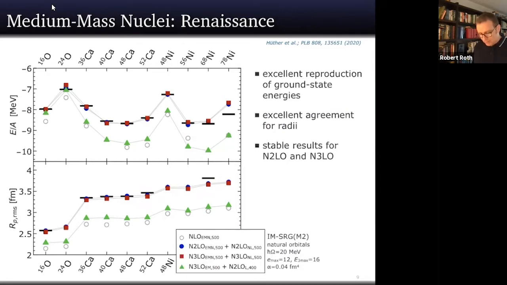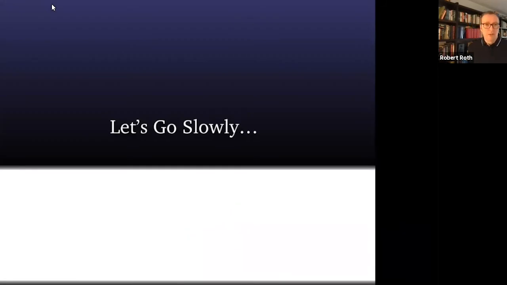Now I jumped many steps in the discussion. So let's go slowly. How can you achieve that? And there's one little trick in there, which you might like or might not like. And this is something I want to discuss now, but I have to dive a little bit deeper into the construction and the optimization of these chiral interactions.